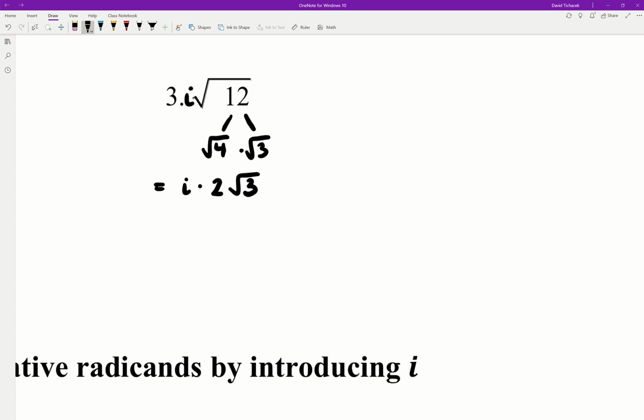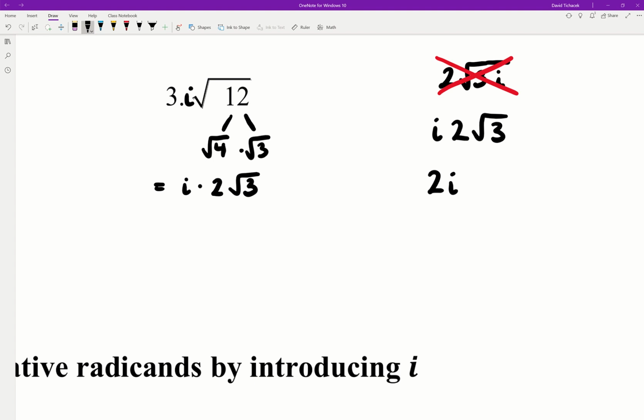Now, as far as how you would write this number, one of the ways that we do not want to write this number is in this way, where we would have 2 square root of 3 times i. And the reason that we don't want to write it that way is because we might get confused and think that i is living under the square root, which is not what we mean to say at all. Another option would be to just go ahead and keep that i in front, but then this looks a little bit awkward because we typically always want to write the integer before the variable, like this, and say 2i.